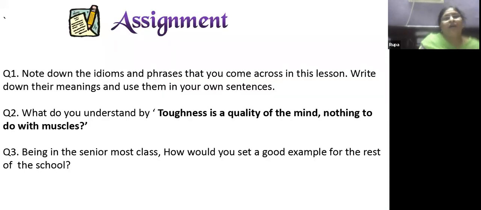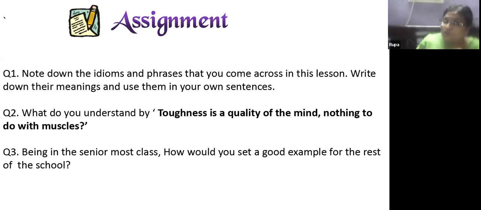So children, with that very good lesson and so many things we have learned, from classroom to home to the dining table to the pandemic atmosphere, you have a bit of work to do. Very simple. I'm very confident that all my children will be able to do it. Of section 2 and section 3 of the lesson, you are going to make a note of the idioms first, write down the meanings, and make use of them in your own sentences.